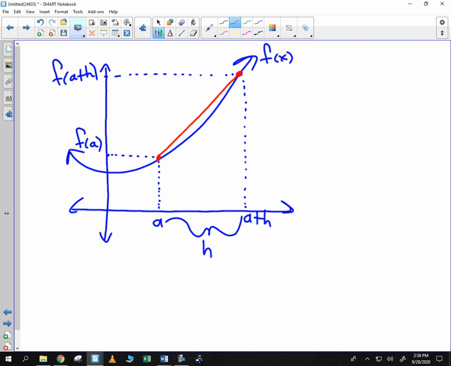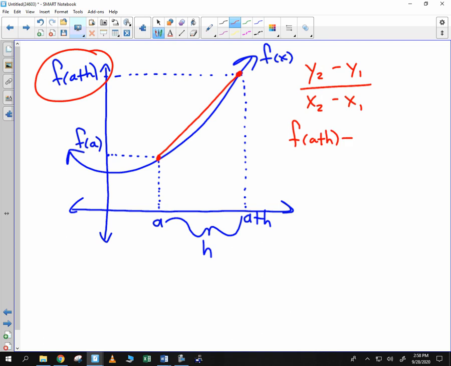And the way we determined slope from your last test was y sub 2 minus y sub 1 divided by x sub 2 minus x sub 1. In this case, my y sub 2 value is f of a plus h minus your y sub 1 value, which is f of a. And we will divide that by your x sub 2 value minus your x sub 1 value.